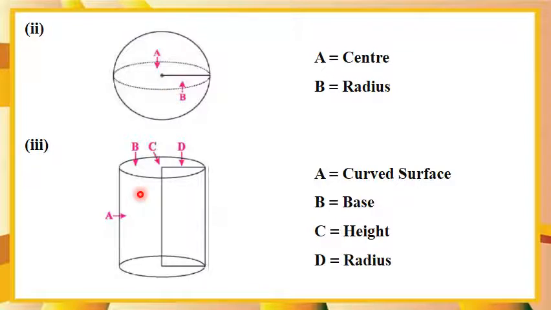Now number 3, it is a cylinder, and A, as I told you, is called the curved surface of the cylinder. B is called the base, and we can see the bottom also, the base. Then C is the height of the cylinder, and D is the radius of the cylinder.